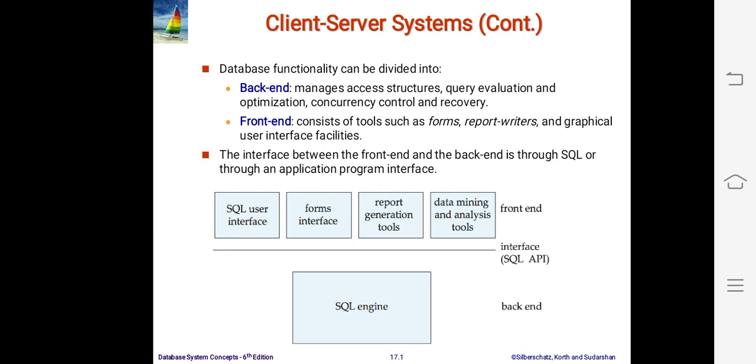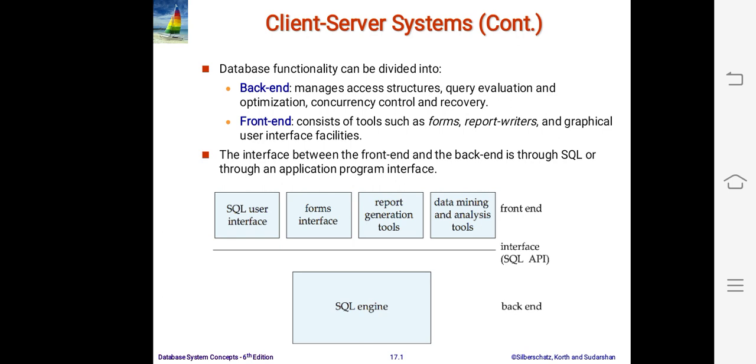The interface between the front end and the back end is through SQL or through an application program interface. So we have different APIs. These APIs are used to interact between SQL and the different front ends. So what are the different front ends?